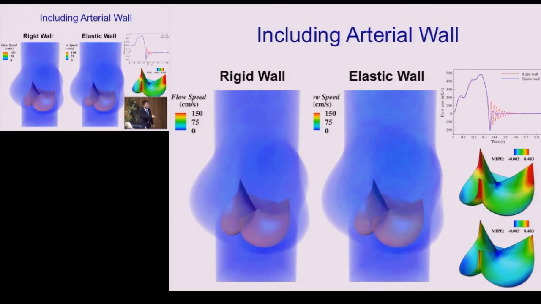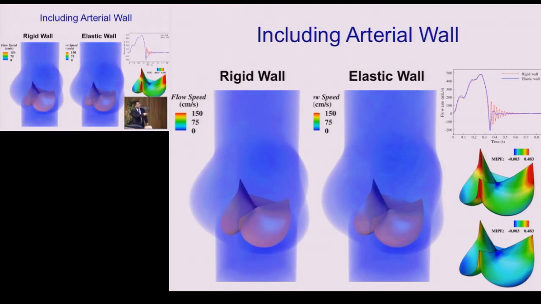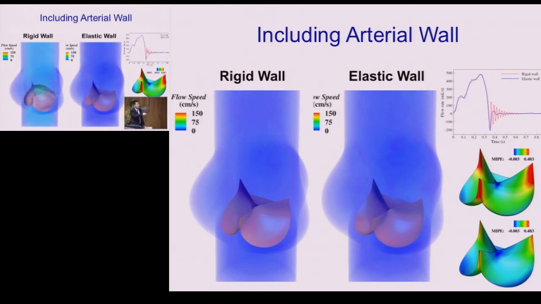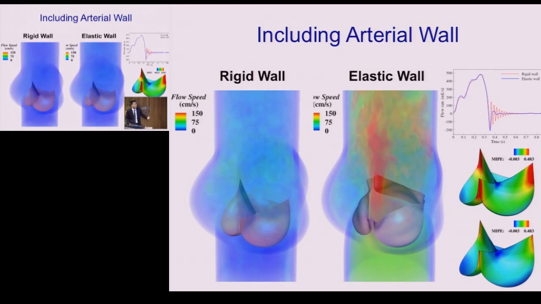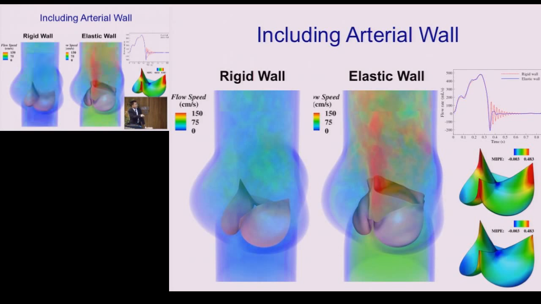Also, if you don't include the elasticity of the wall, and you don't put any compliance boundary condition here, the energy has no other location to go. All the fluid energy is transferred to the elastic energy of the leaflet. So of course it's going to do a lot of vibration, just like this.